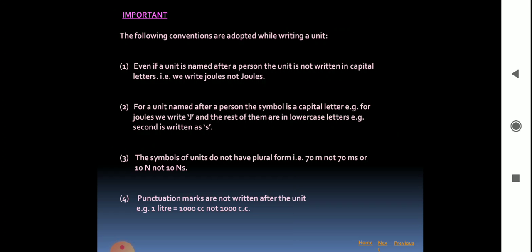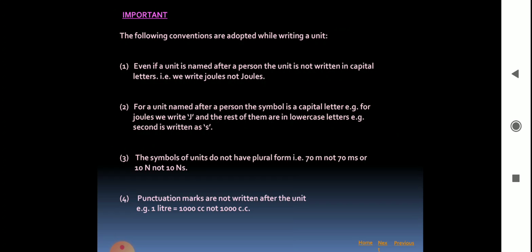Now the next one, the following conventions are adopted while writing units. There are many derived units. Some of them: force is a physical quantity, its unit is Newton. Work, energy, its unit is joule.